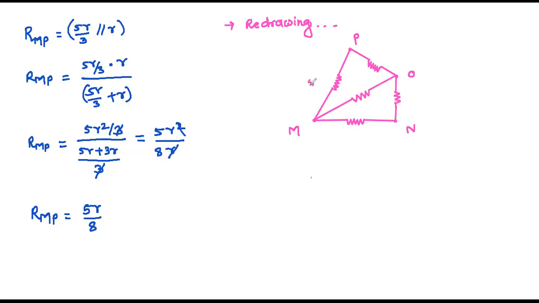So this is how much now? 5R by 8 is MP. This one is R, R, R, and this is also R. And we have to find across these two terminals. Yes, no, this is coming in, this is going out.